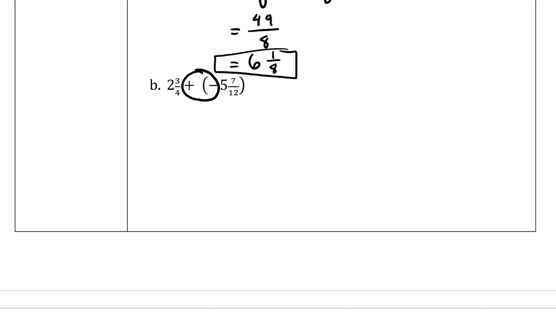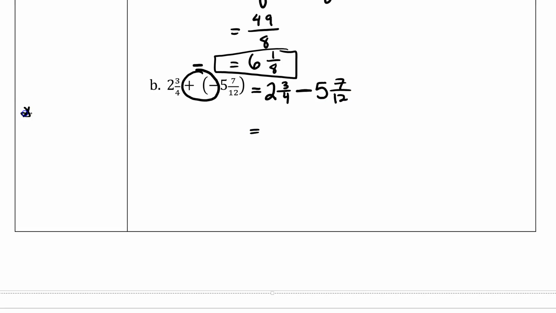We have 2 signs again, a positive and a negative, which we're going to turn into a negative because a negative times a positive is negative. I'm just going to rewrite it: 2 3/4, and instead of writing those 2 operations, I'm just going to write the resulting one, minus 5 7/12.